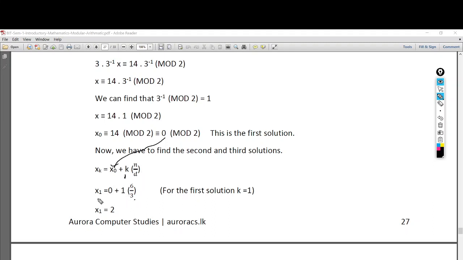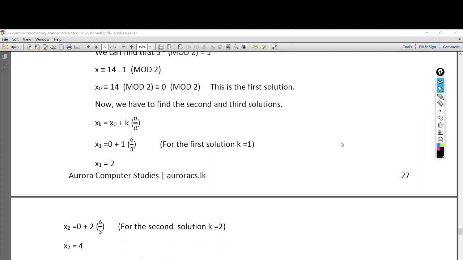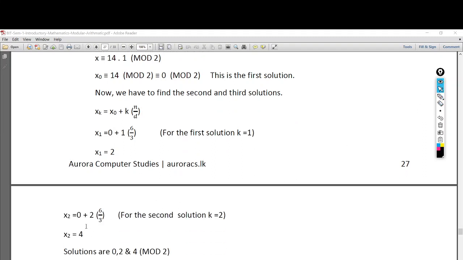So now we got x1 as 2. Again we do the same equation for x2: x naught is still 0, plus k, now 2, times n divided by d, that is 6 divided by 3. So we got 4.